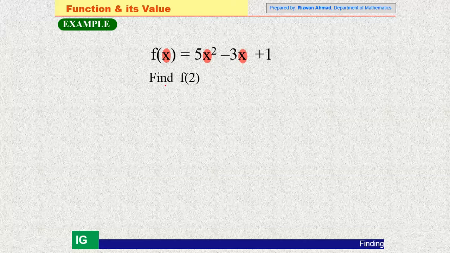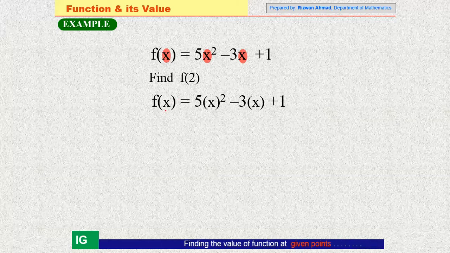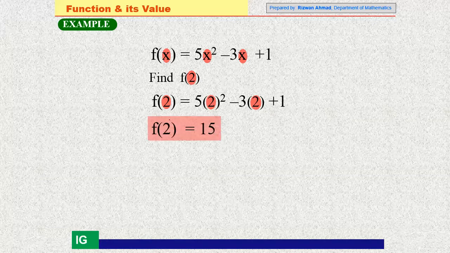Now if the question is find f of 2, it means we will replace this x with 2. Wherever there is x, we will replace it with 2. So f of 2 is equal to 5 into 2 squared minus 3 into 2 plus 1, so it is 15.